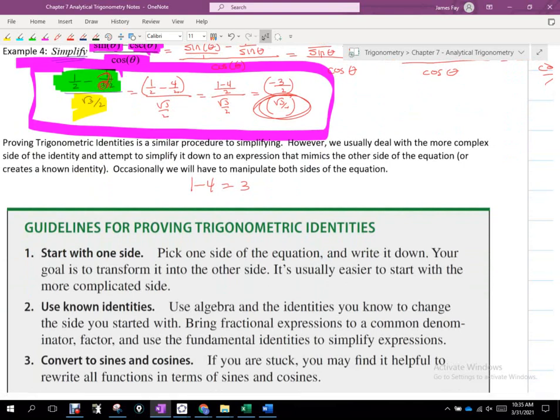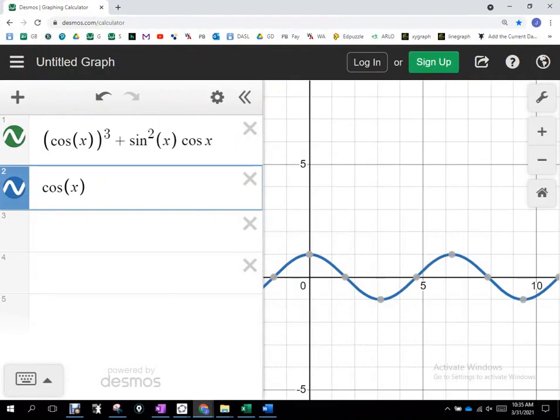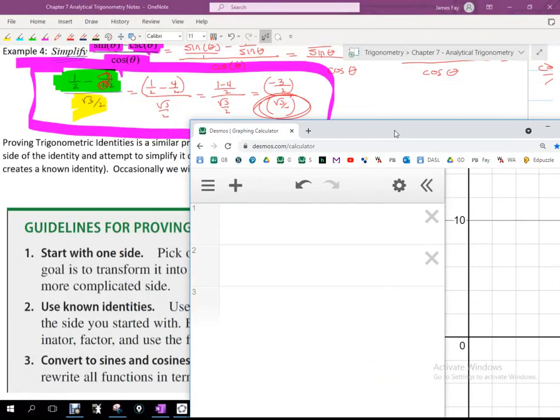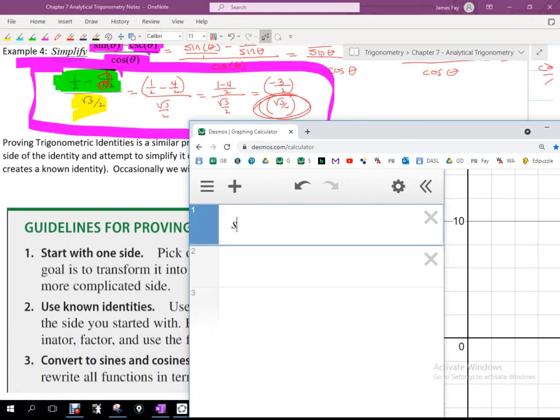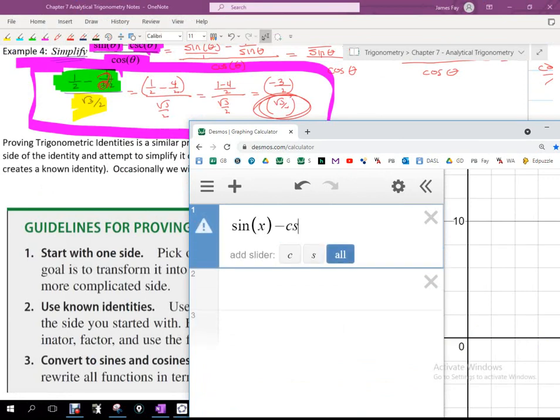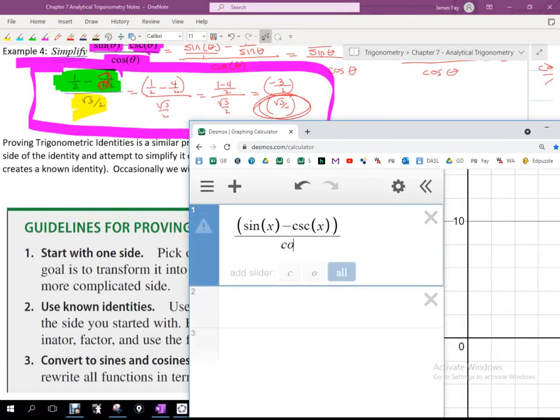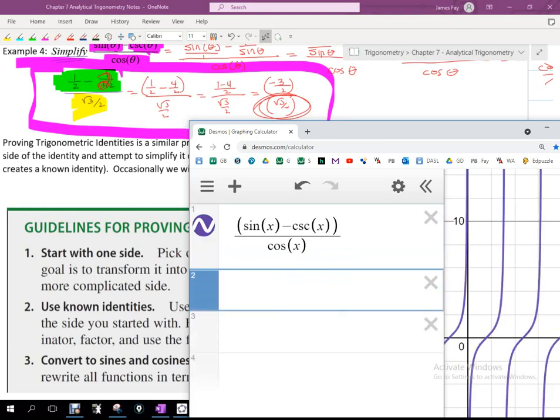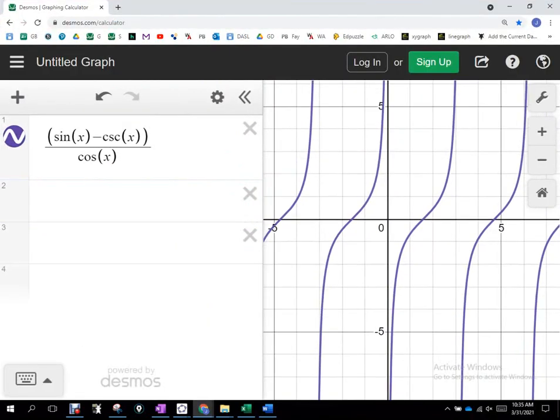Okay, that's one where at the beginning of class I said was going to show up, and it maybe doesn't make a whole lot of sense to look at sine of x minus cosecant of x divided by cosine of x, and you might not realize that that's the cotangent reflected over the x-axis. Okay, it might give you an idea though. Hey, somehow I'm probably going to get tangent or cotangent to show up in my answer. Does that make sense?